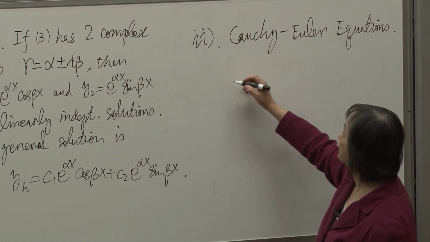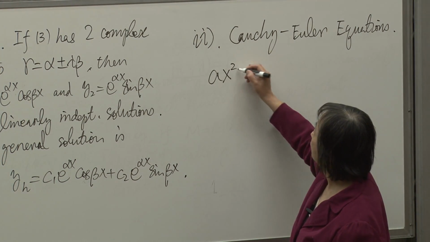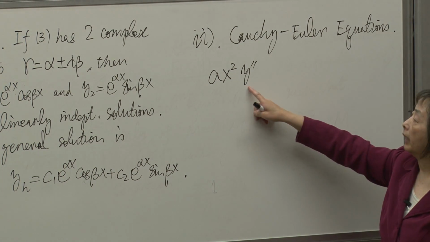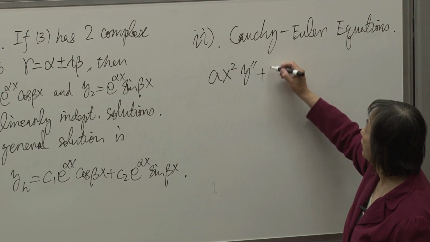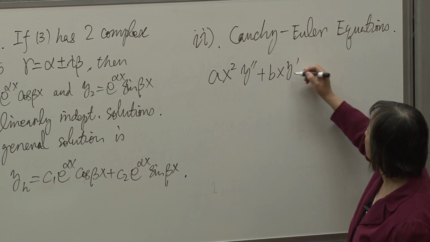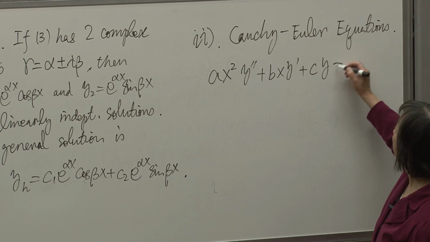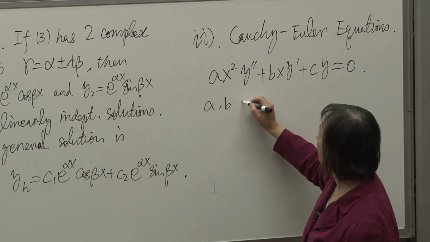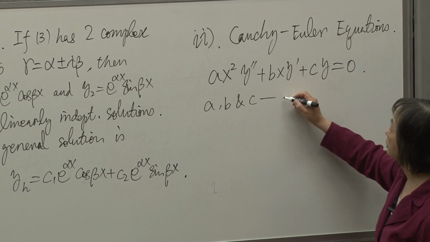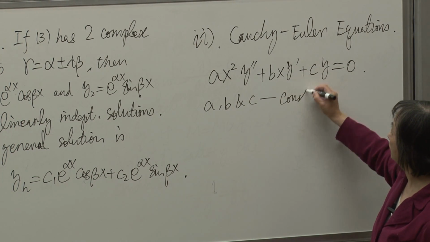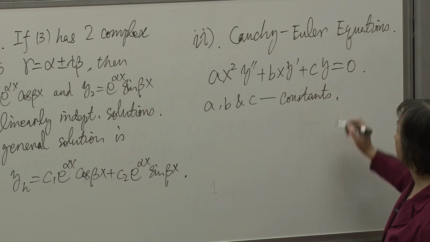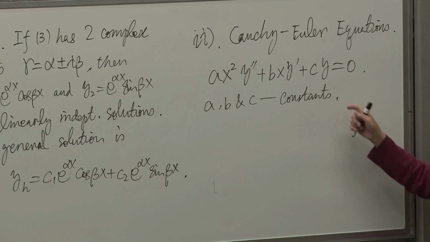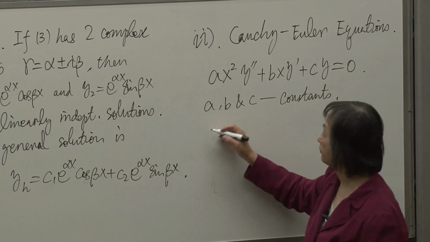Cauchy-Euler equations have so-called function coefficients. So the general form is ax² y'' plus bx y' plus cy equals 0. Here, a, b, and c are still some given constants. The motivation to solve this kind of equation is the following.